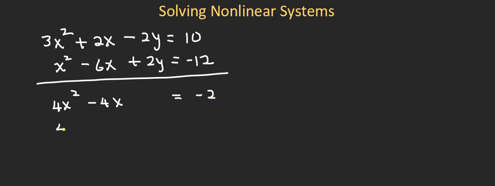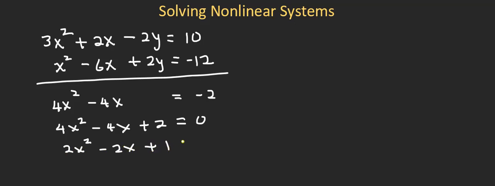So you end up getting 4x squared minus 4x plus 2 equals 0. You could divide everything by 2. You get 2x squared minus 2x plus 1 equals 0. I'm going to use the quadratic formula here.